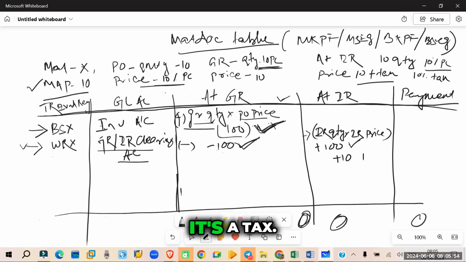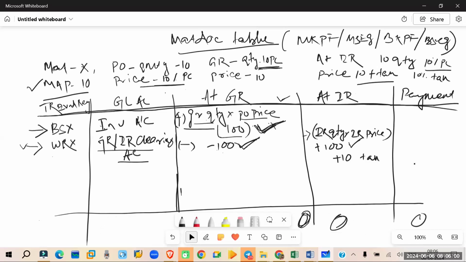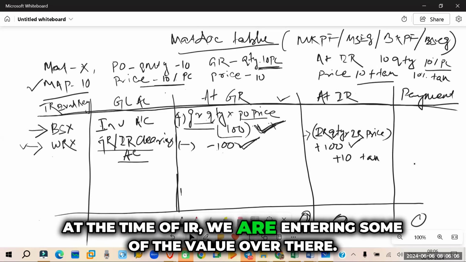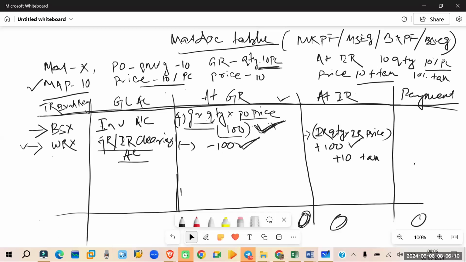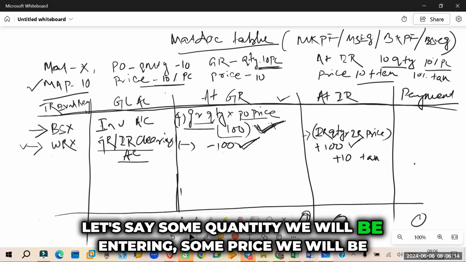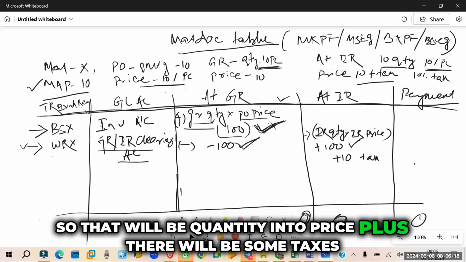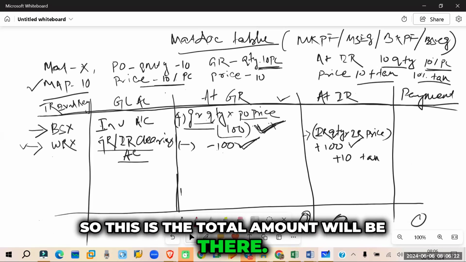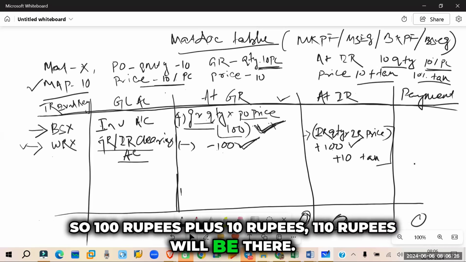Able to understand this till now? Yes, sir. At the time of IR we are entering some quantity and some price, so that will be quantity into price, plus there will be some taxes. So this is the total amount: 100 rupees plus 10 rupees, 110 rupees.